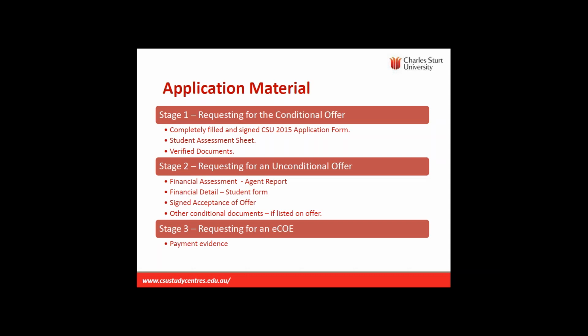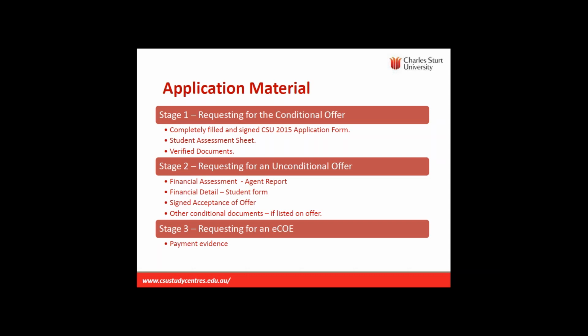This is a very important thing, and it's not difficult. It's just to put your signature and the stamp of your agency, and this is the verification process. So it's done. Stage number 2, when we request an unconditional offer before getting the ECOE, the confirmation of enrollment.